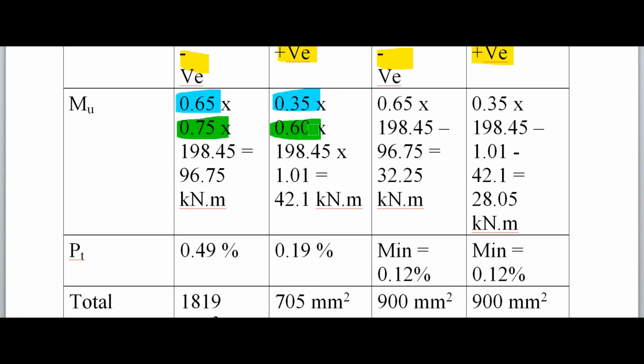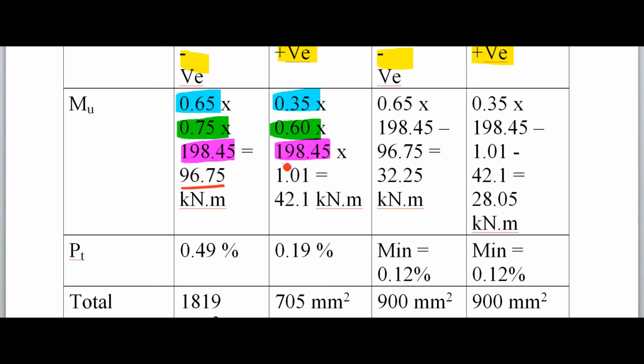So multiply these values by 198.45, and we get 96.75 kilonewton meter. It's a negative moment.